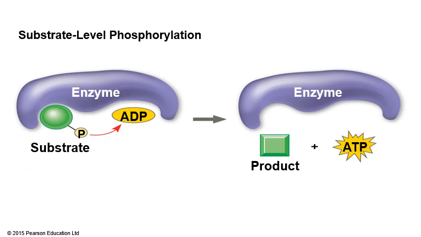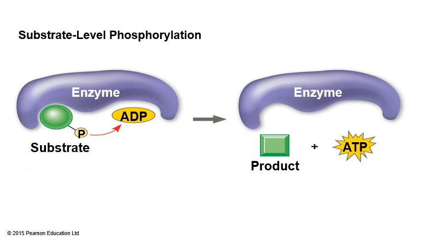Substrate level phosphorylation means some enzymes in glycolysis and the citric acid cycle go through typical enzymatic activity to produce ATP.